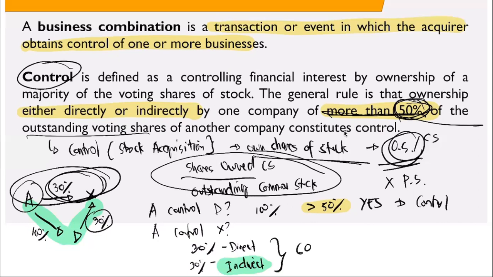So what is the total? 60%. So the total ownership, therefore, is 60%.